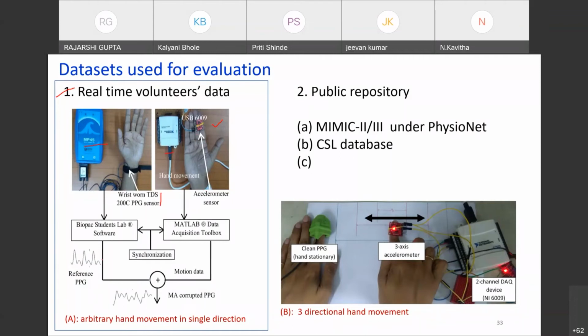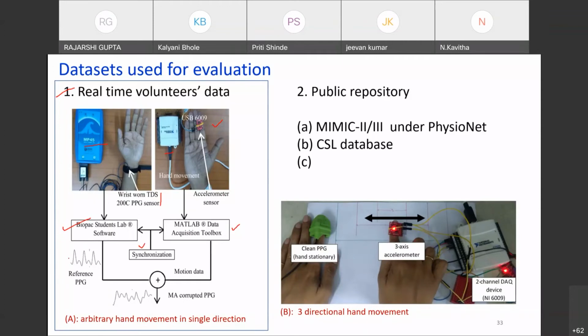So in this side, we had the BioPac Student Lab software for data acquisition, and in the accelerometer sensor, we have the MATLAB Data Acquisition Toolbox, and there was some synchronization pulse used to just synchronize the data.